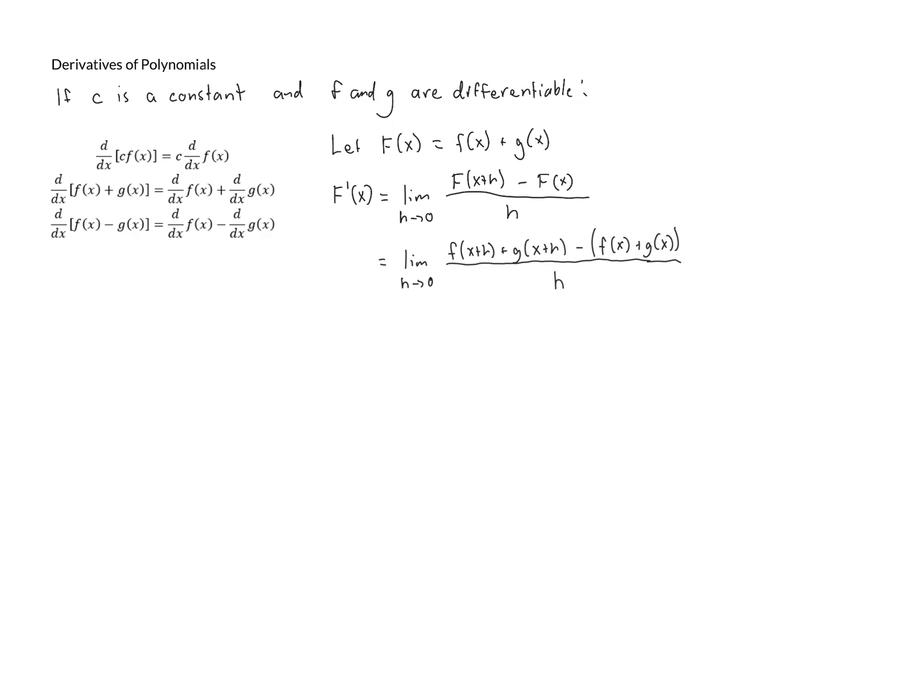all over h. Now, what I'm going to do is distribute that subtraction to each of those terms. But to make life easier, we're also going to do some rearranging. So we've got the limit as h approaches 0 of, I'm actually going to break this into two different fractions. We're going to look at the f's and the g's separately.